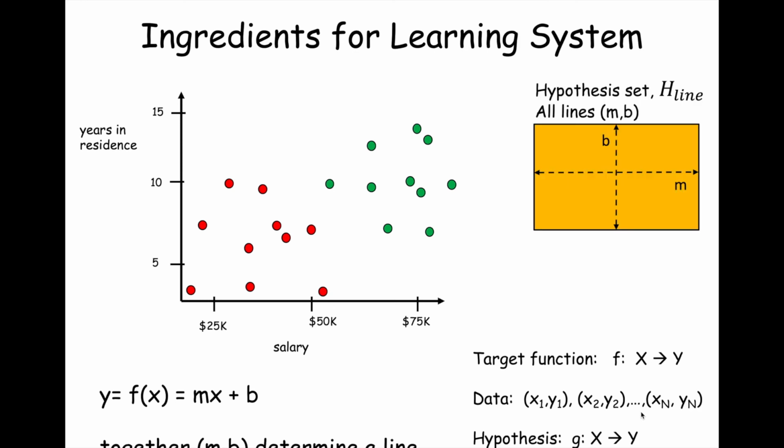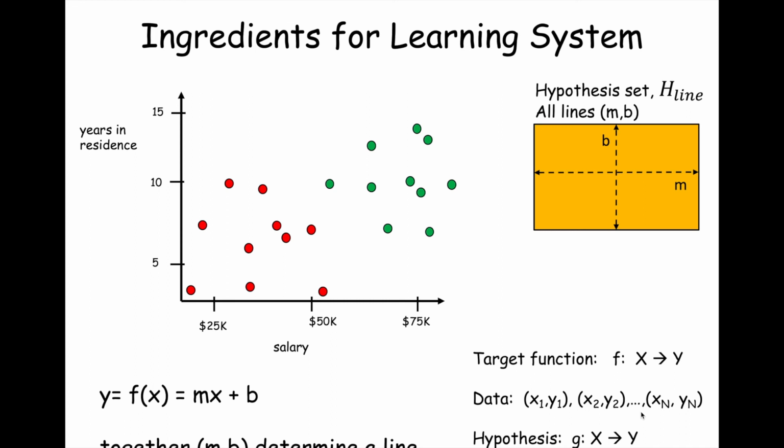Here in the upper right of the screen, we're going to define a hypothesis set. This hypothesis set is not the same as feature space. This hypothesis set, this yellow box, is going to describe all possible lines that we can imagine. We need a way of describing any line in the plane. We just said a line is defined by these two quantities, the slope m and the y-intercept b.